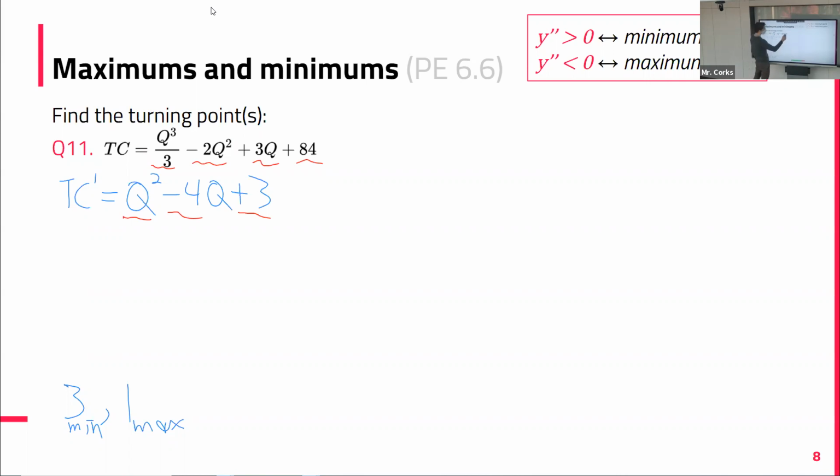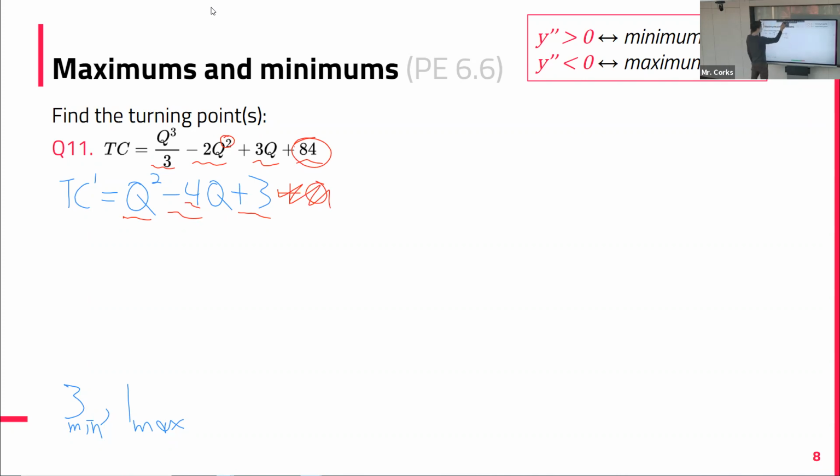Second, we had our constant rule here. This is a constant, there's no variable in there, so that just turns into plus 0, so we don't bother writing it. And then our power rule, which we've been practicing a lot, we take the exponent, multiply that by the coefficients, and then subtract 1 from the exponent.